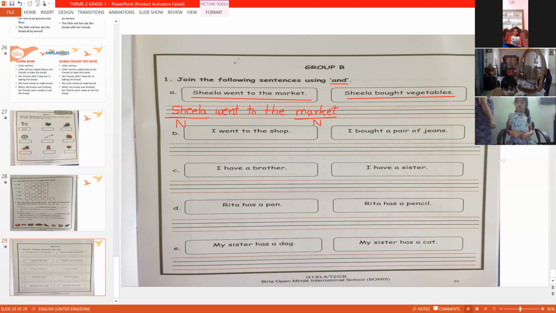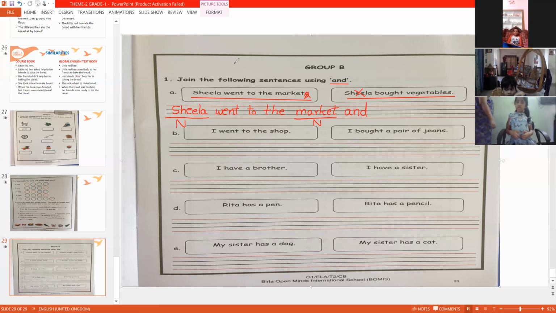Okay, and now let us see. Sheila went to the market and we are using and to join this sentence. So don't write this full stop. No full stop. And no Sheila. Again this noun should not be repeated.